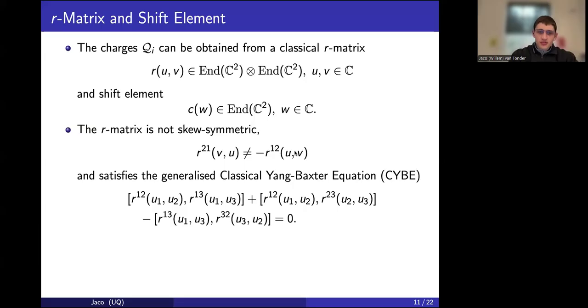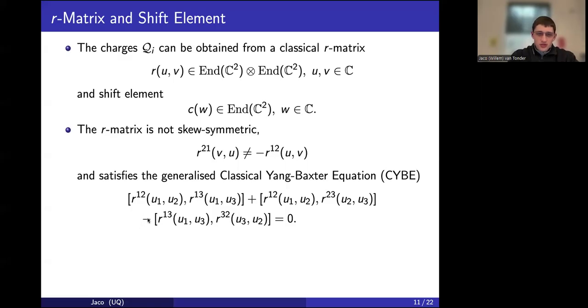And the generalized feature of this model is that the r matrix is not skew symmetric, in contrast to the classical Gaudin models, and instead satisfies what's called the generalized classical Yang-Baxter equation.